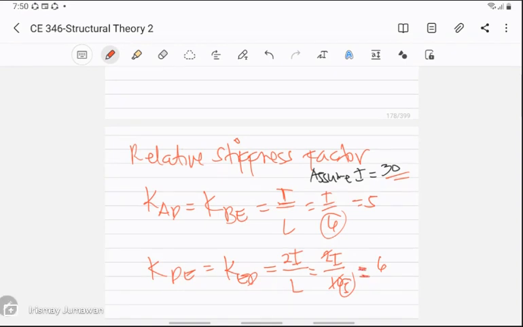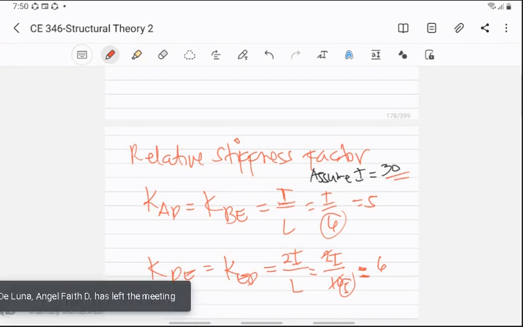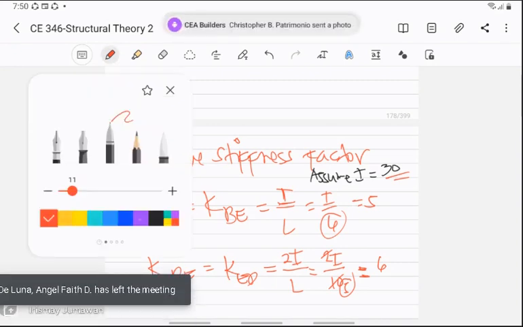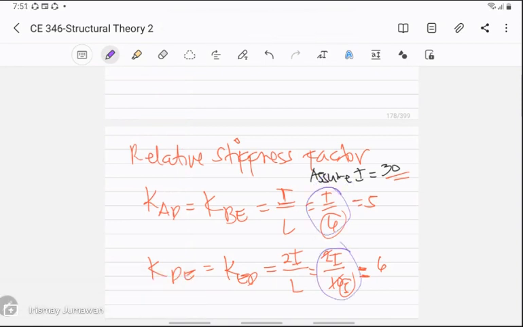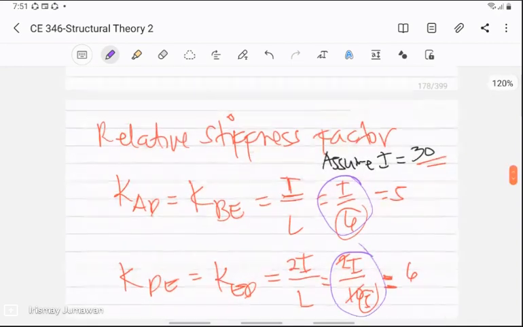So you can try this at home, to explore the difference between making it I over 6 for your K and I over 5 for your K for DE and ED. I ask that you solve this based on what I have taught you.